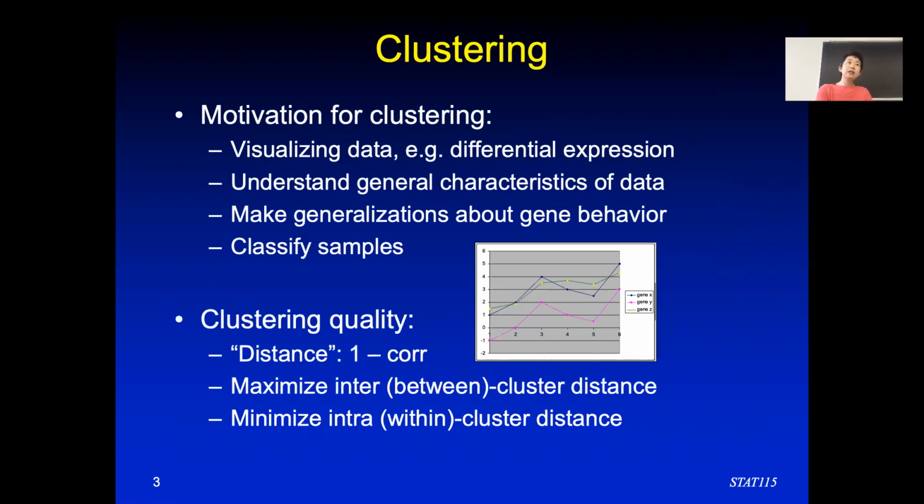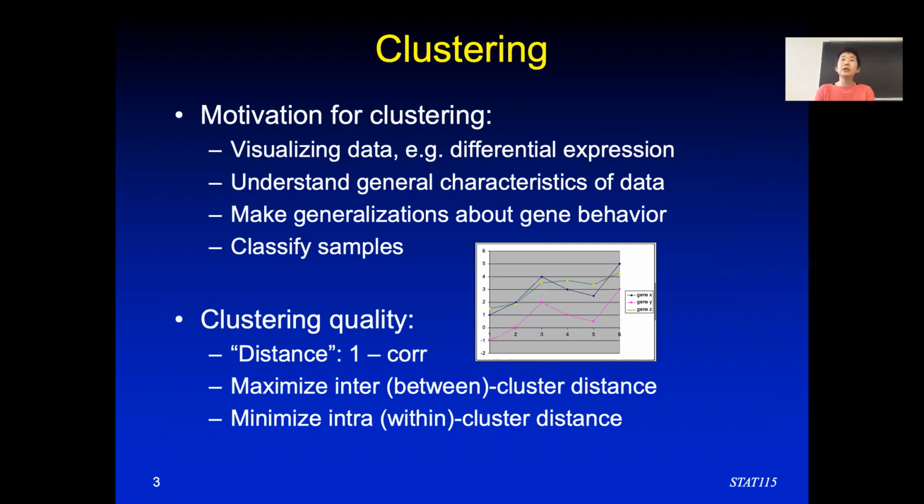If two genes are correlated across different conditions, or two samples are correlated across all the genes, then they are very close. So the distance you can imagine would be something like 1 minus correlation, which will be a number between 0 and 2. If two genes are completely correlated, their distance will be 0. They're very close to each other.